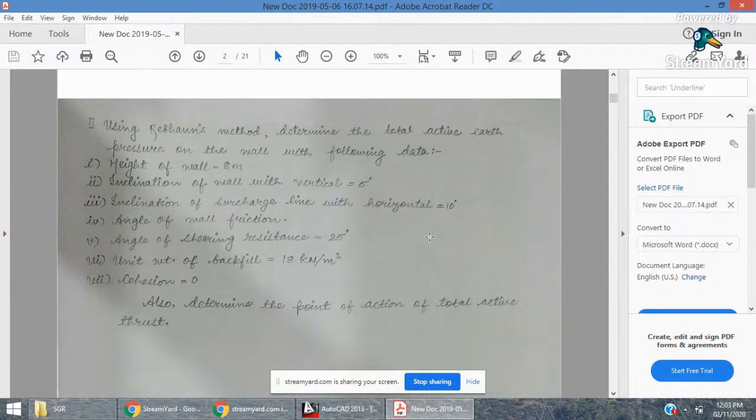Using Rebhann's method, determine the total active earth pressure on the wall with following data.